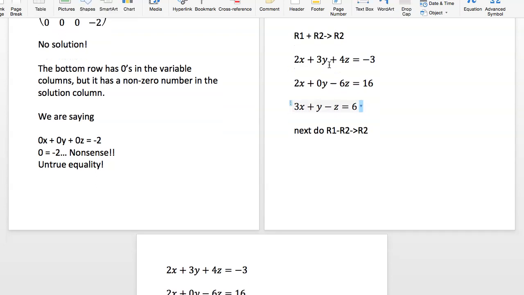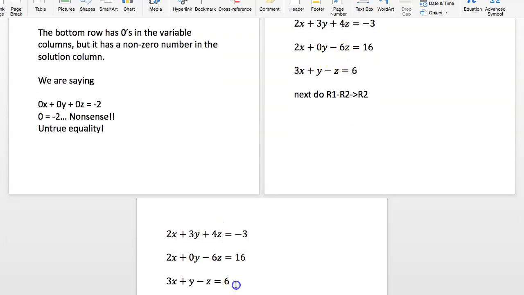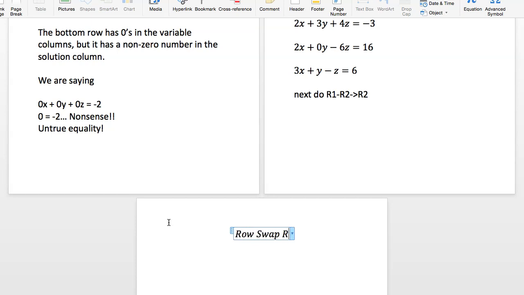Oh boy, if you put a 0 on the main diagonal, you're going to need to do a row swap. That's okay, guys. If you do that at the beginning, it's okay. Just do a row swap, let's just say row 1 and row 2. It would have saved me time if I should have done a different put command.